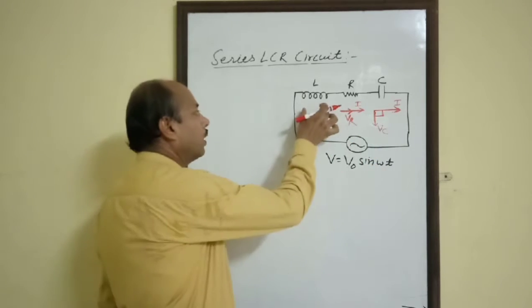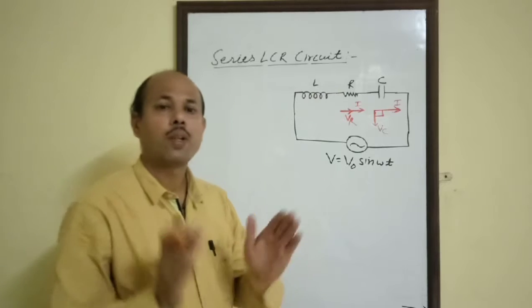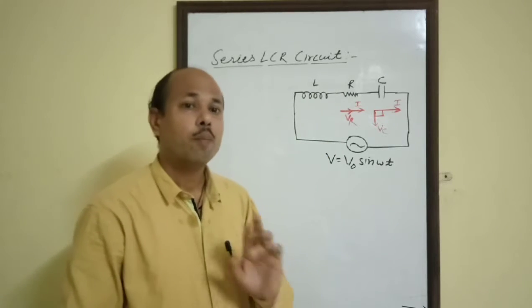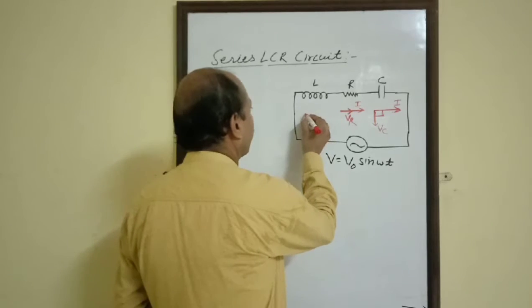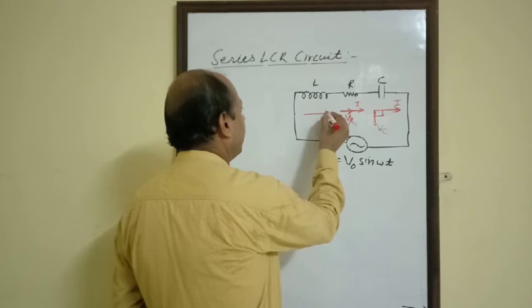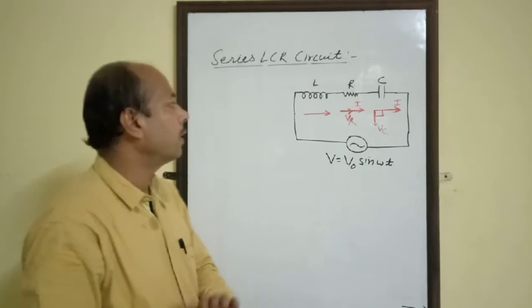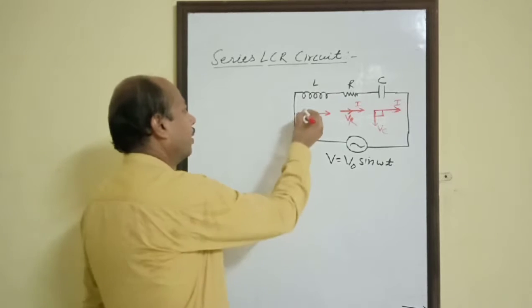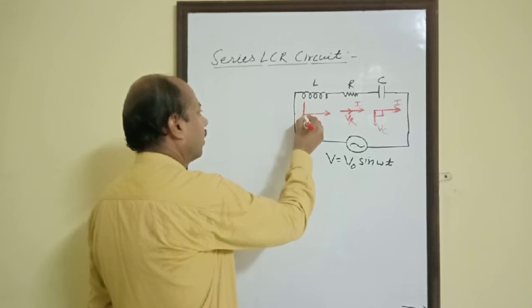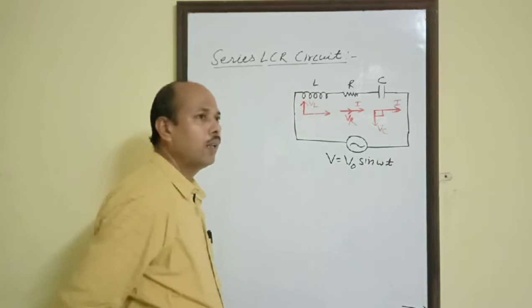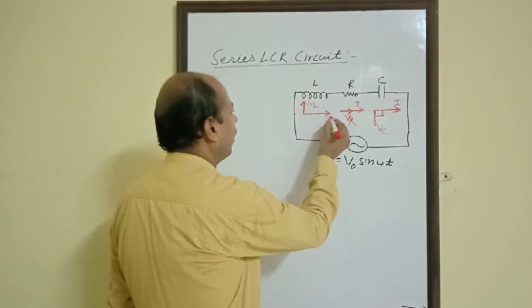And for the case of inductor, the phase difference is again pi by 2, but current is lagging behind the EMF by pi by 2. Therefore, we can represent the phasor for VL like this, and this will be the phasor for current.